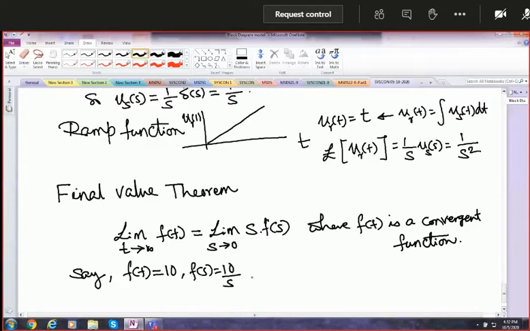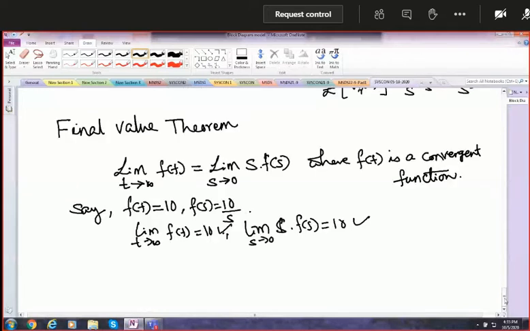So limit t tending to infinity f(t) is basically 10, and limit s tending to 0 of s times F(s) is also 10. So both are the same. This is a very simple example. You can have many other complex examples. We will come to it. So this is the very important final value theorem.